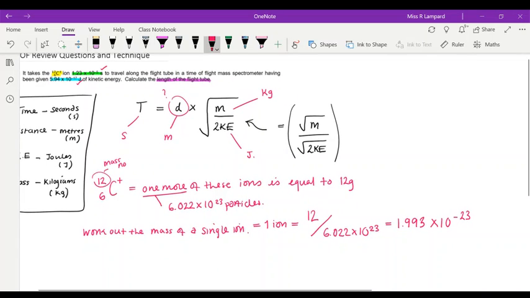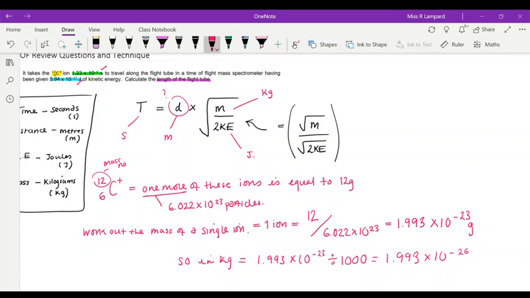Now that is in grams, but we need to be working in kilograms. So in kilograms, that's equal to 1.993 times 10 to the minus 23 divided by 1,000, which is 1.993 times 10 to the power of minus 26 kilograms.